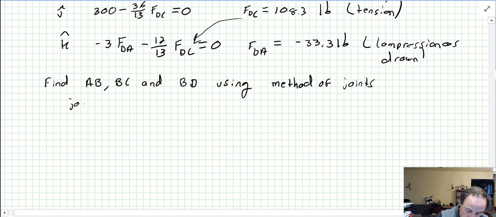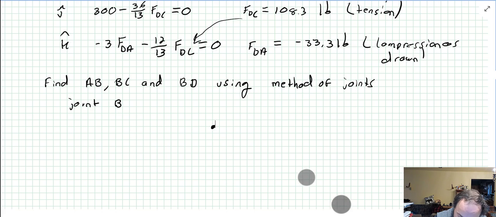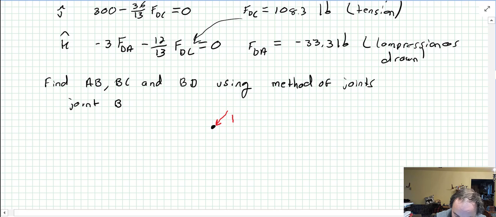So joint B right here, we've got FBX, which we know to be minus 75 coming in this way. You've got FBC.